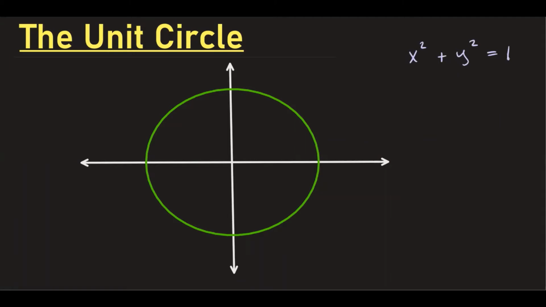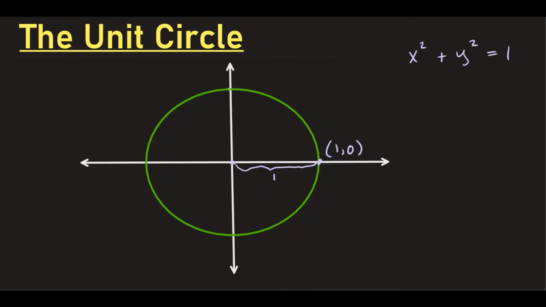So if I measure this distance from the origin, this is 1. That means every direction from the center to the end point of the circle is a distance of 1, which means this point can be labeled as the x coordinate 1 and y coordinate 0.